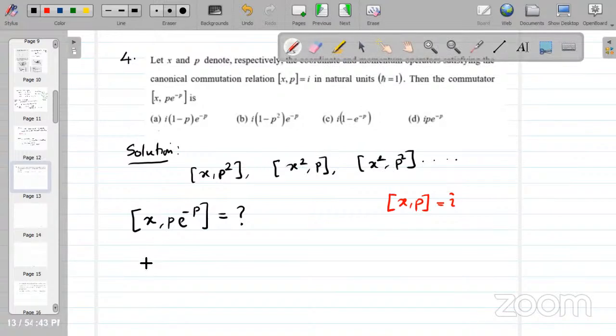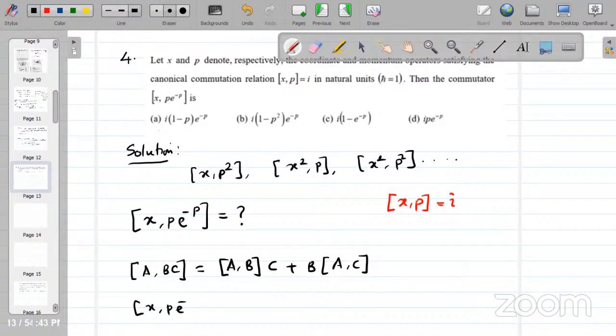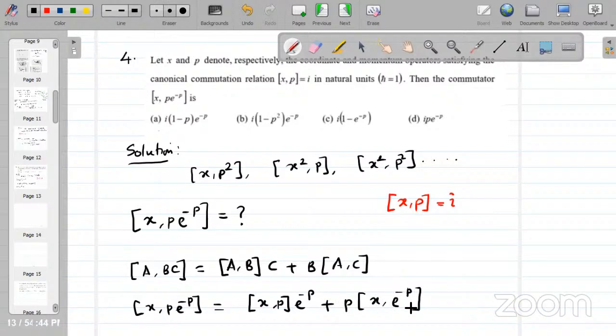As usual, let us use this rule. There is a famous operator rule: A comma BC is equal to A comma B times C plus B times A comma C. I hope all of you are aware of this rule. We have to apply this rule here. We have x comma p e power minus p is equal to x comma p times e power minus p plus p times x comma e power minus p.